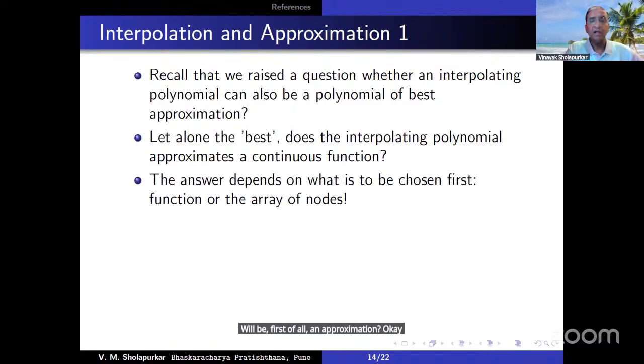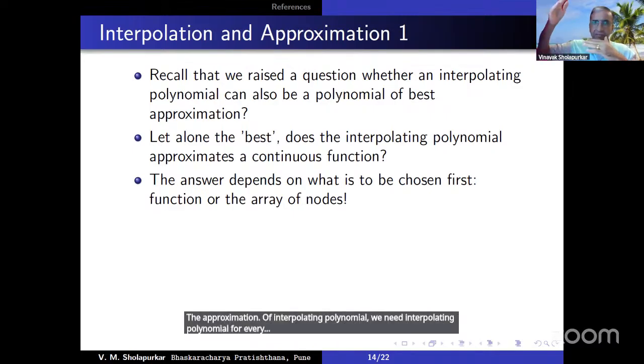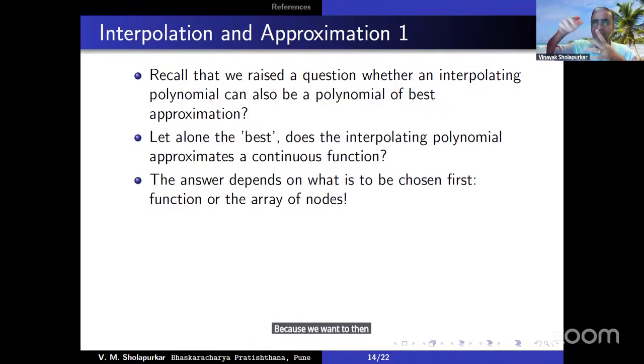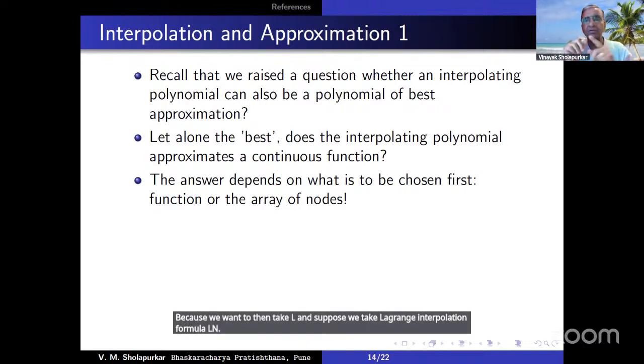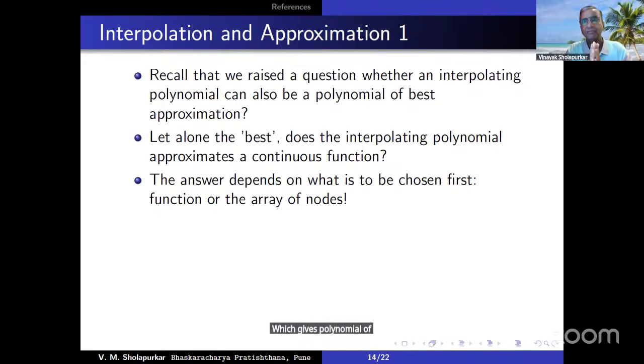Okay. The answer depends on what is to be chosen first. This is very interesting. So the function or the array of nodes. Remember, when we want to talk about the approximation of an interpolating polynomial, we need an interpolating polynomial for every degree, because we want to then take ln. Suppose we take the Lagrange interpolation formula ln, which gives a polynomial of degree at most n, which interpolates the continuous function f.